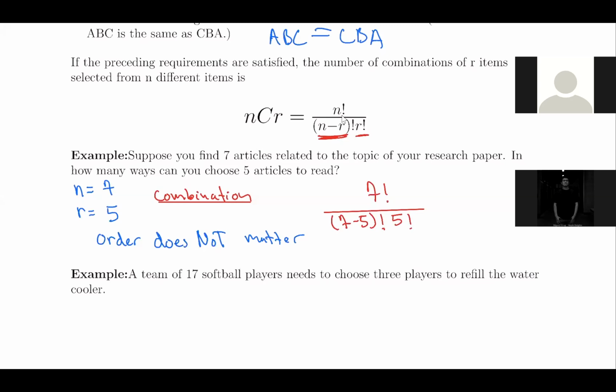So if I do some algebra, 7 minus 5 will give me 7 factorial divided by 2 factorial times 5 factorial. Everybody got how I got 7 factorial divided by 2 factorial times 5 factorial?